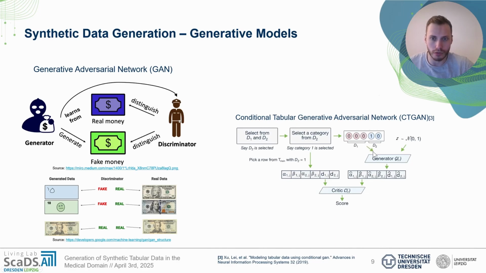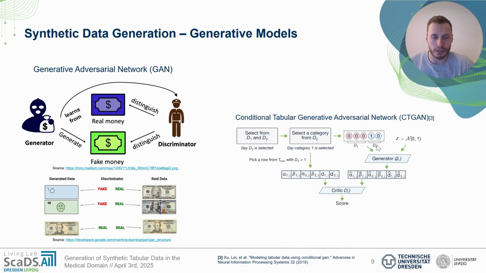The reason for that is that in tabular data there are a lot of highly imbalanced categorical variables, especially in the medical field, like rare diseases, for example. And if we do not condition our generator, the generator learns to generate the most common values and probably ignores a lot of rare values.